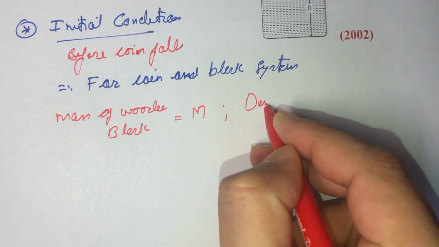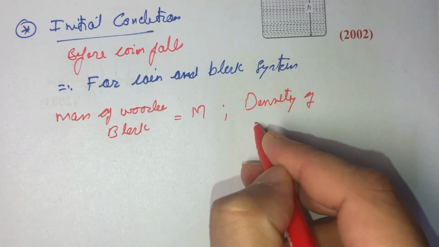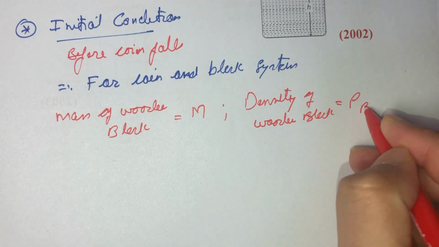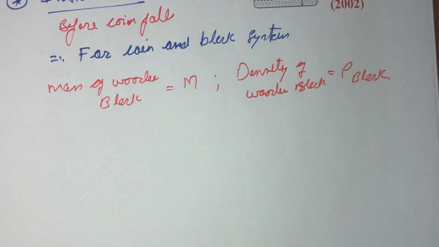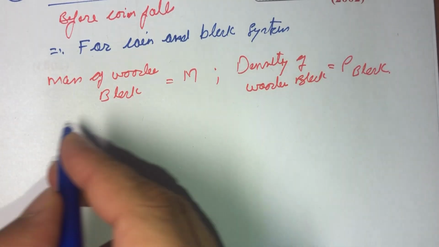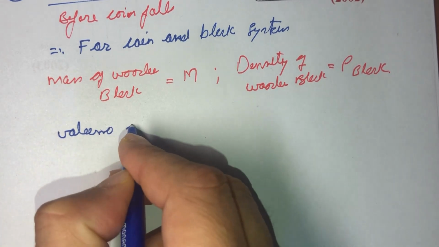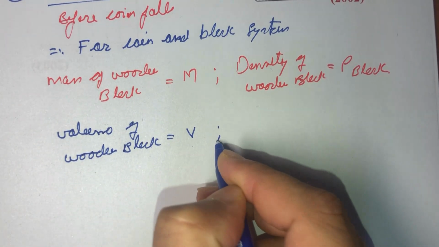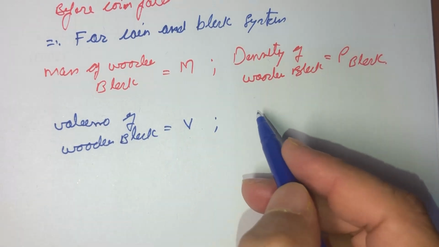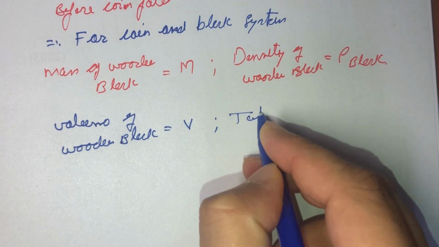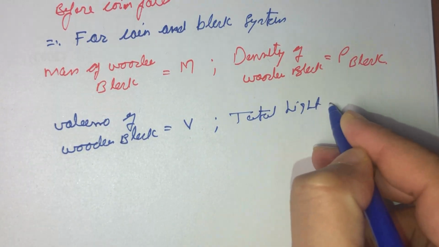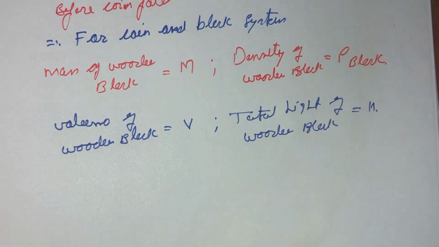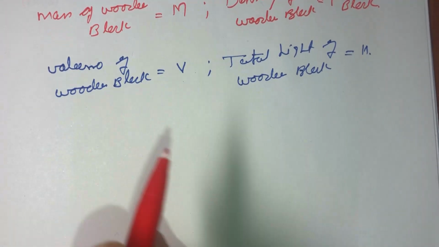Then we have volume of the wooden block, which is capital V, and the total height of the wooden block is capital H, and mass of the coin is, let us suppose, taken as small m.